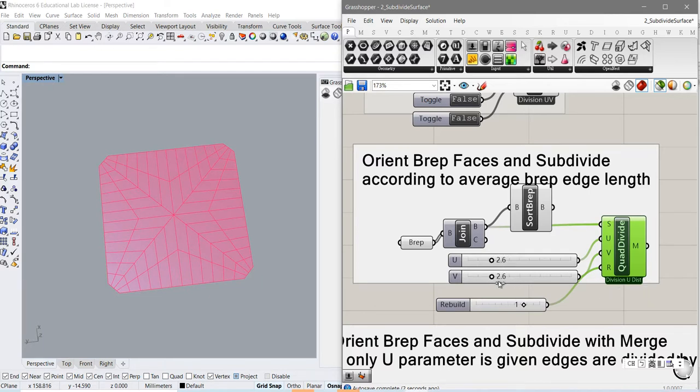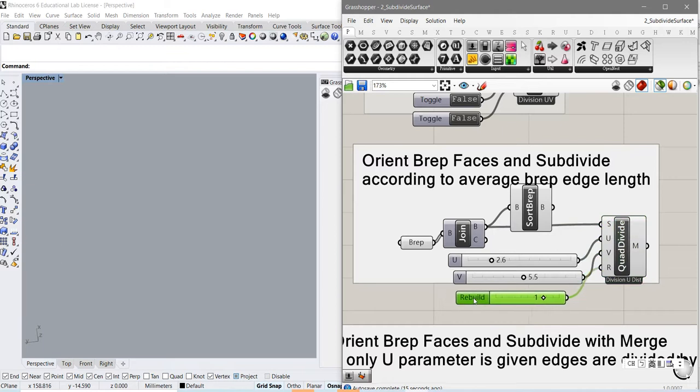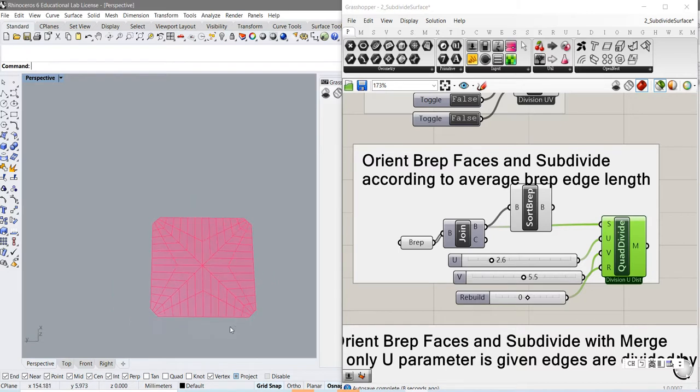Oh no, you cannot change the dimension for V, so it doesn't make any difference here. Rebuild has something to do with the regeneration of the mesh, but here I don't see any difference. Maybe for this shape it doesn't do anything.